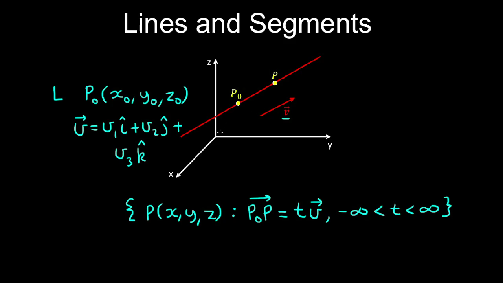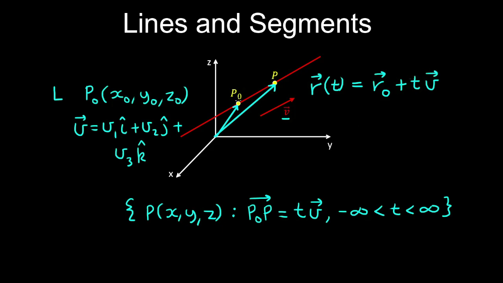Now if we take a position vector from the origin to point p0 and another position vector to point p, then the position vector to point p as a function of the parameter t, so this position vector can be taken to a point anywhere on the line, depending on the parameter t, is equal to r0 plus t multiplied by the vector v.